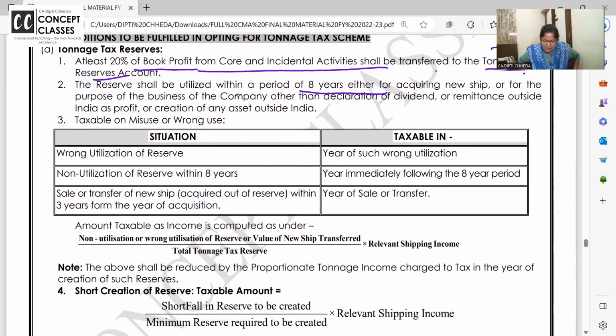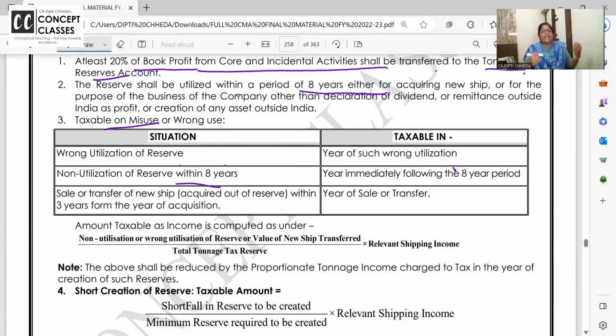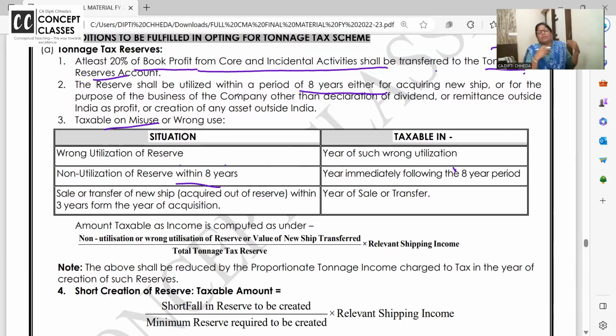Easy? But suppose you didn't purchase the new ship, or you purchased and you sold it within 3 years, then जो भी आपको benefit मिला है वो taxable हो जाएगा. Wrong utilization of the reserve, then it will become taxable in the year of wrong utilization. Non-utilization: 8 years are over, you are putting in 20% in reserve, but you are not buying the ship.